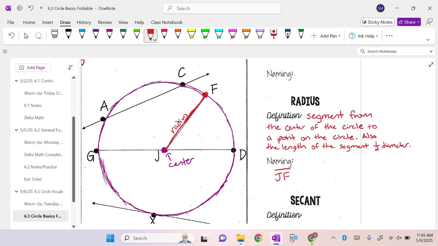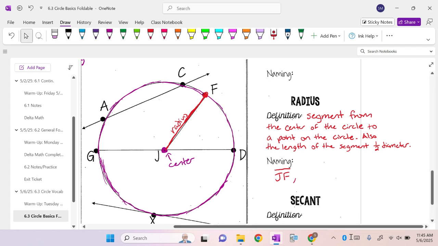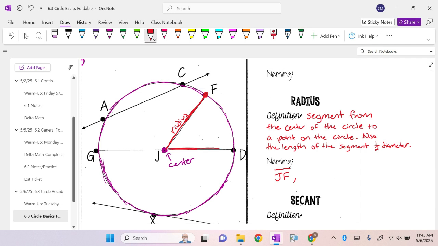What's another segment on here that could be considered a radius? JD. So right here, this can be considered a radius from J to D. We label it the same way as we did J to F. And there's one more. What do you think?